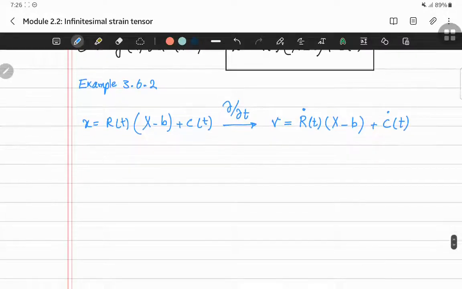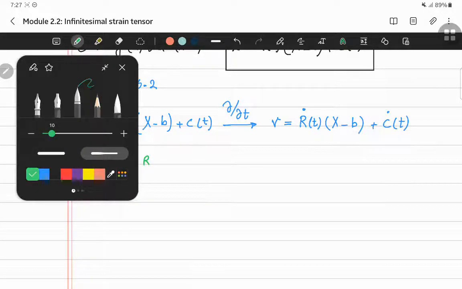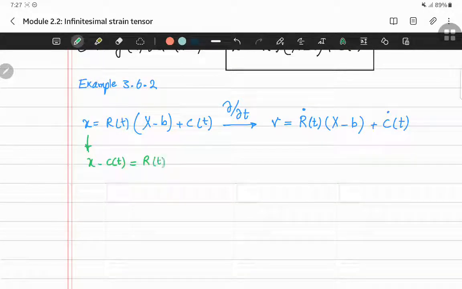All right. So now, from here, I can also write x minus c(t) is equal to R(t) times (X minus B).